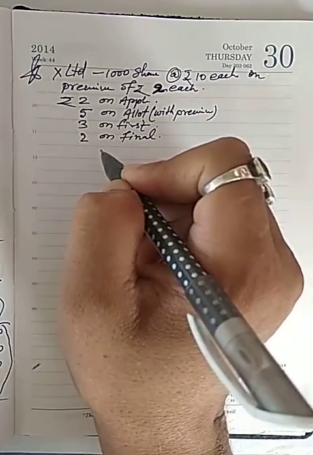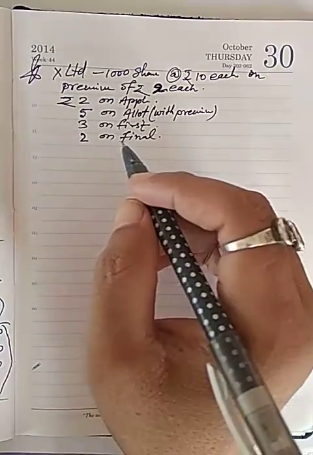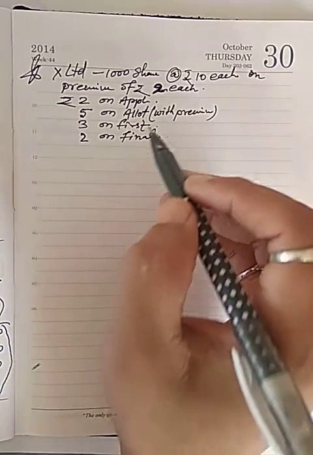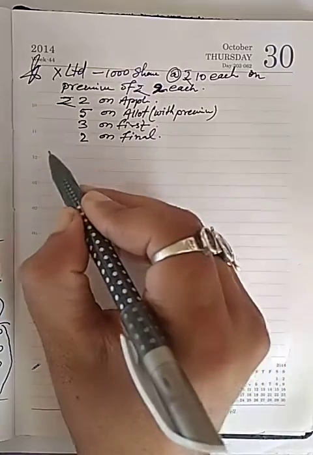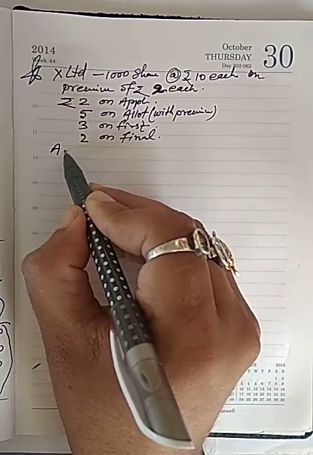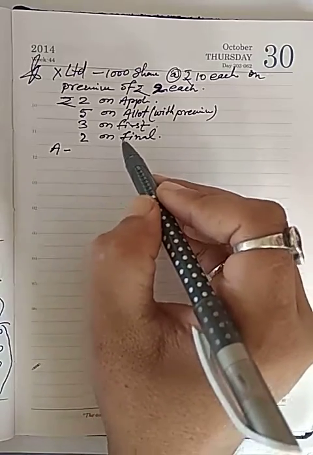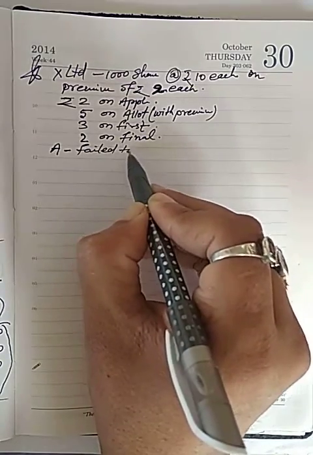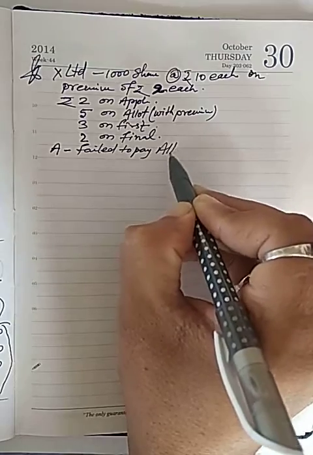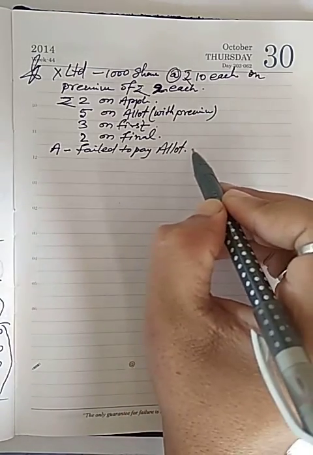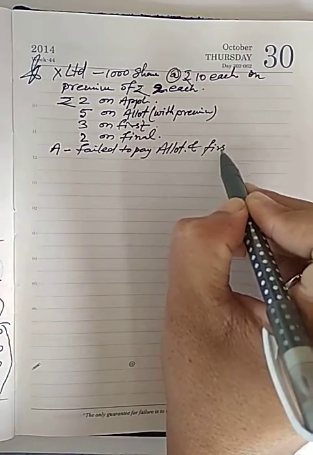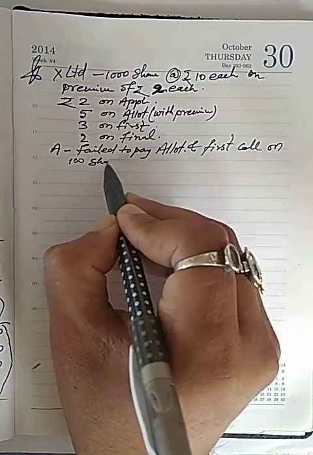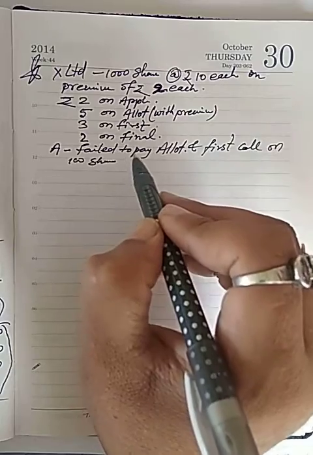The question says all the shares were subscribed for and money received except Mr. A, who failed to pay allotment and first call on 100 shares. His shares were forfeited.